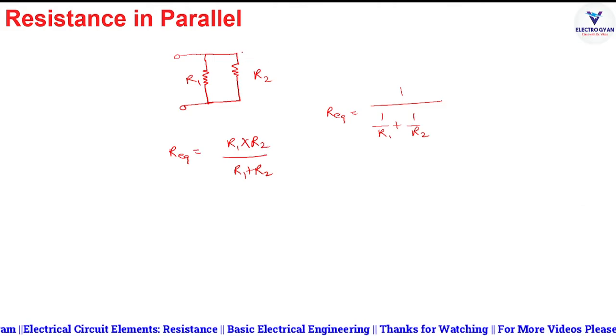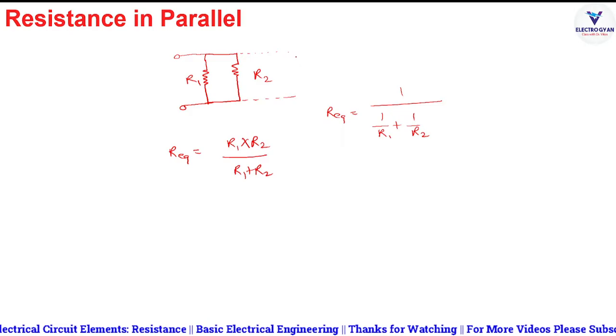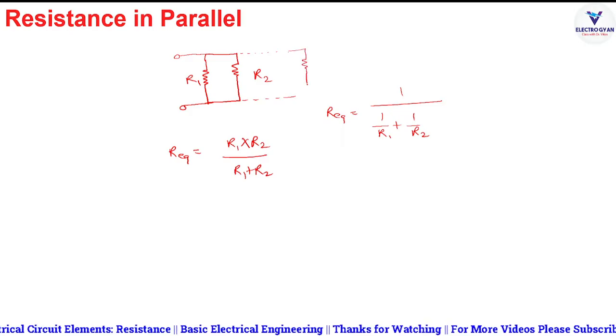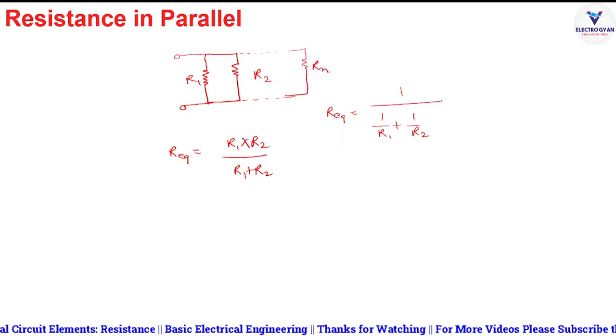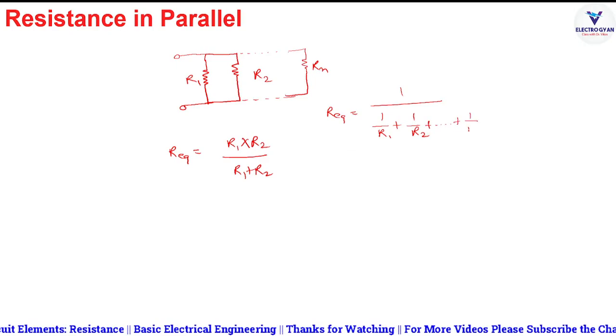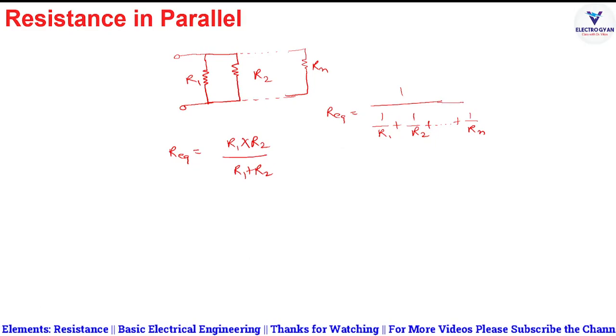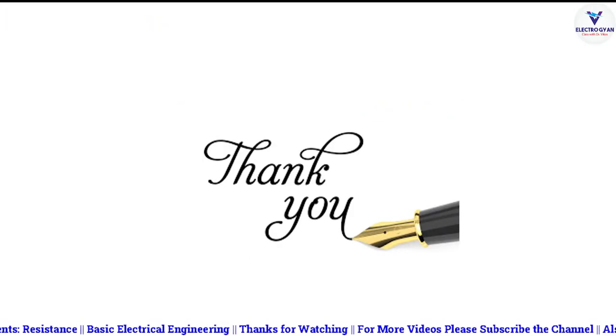In a similar way, if n resistances are connected in parallel, it will be 1 upon R1 plus 1 upon R2 and so on, plus 1 upon Rn. So this is all about resistance, and resistances connected in series and parallel.